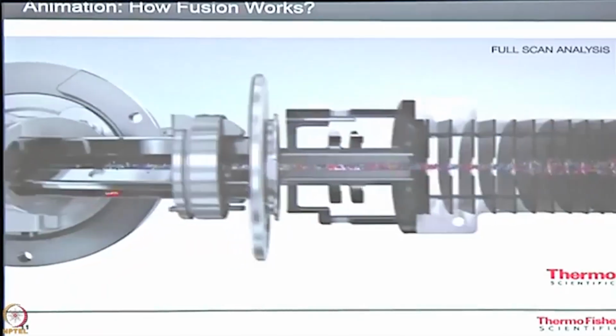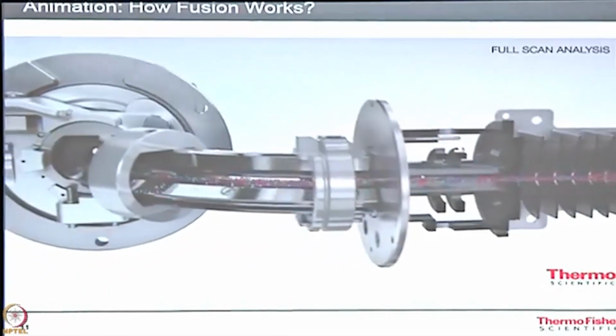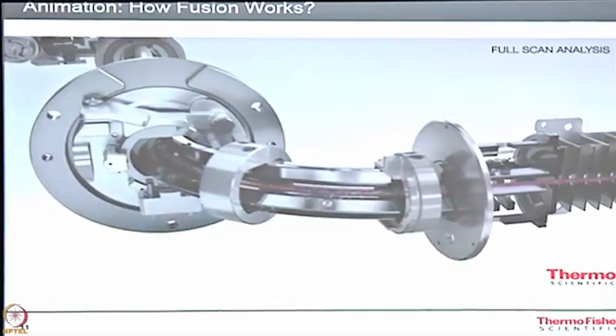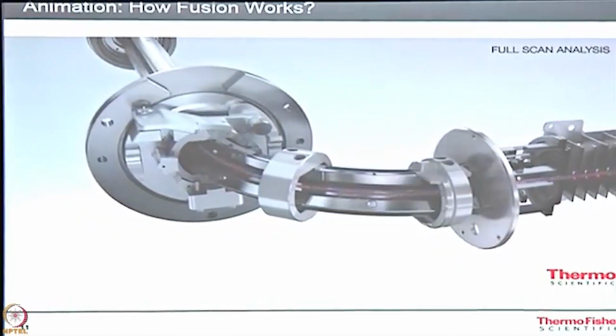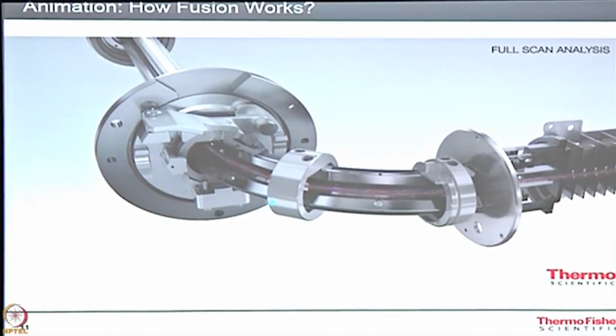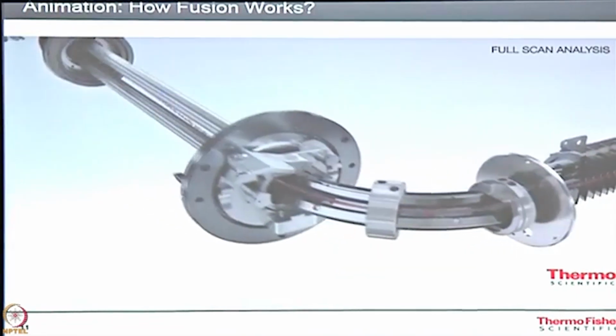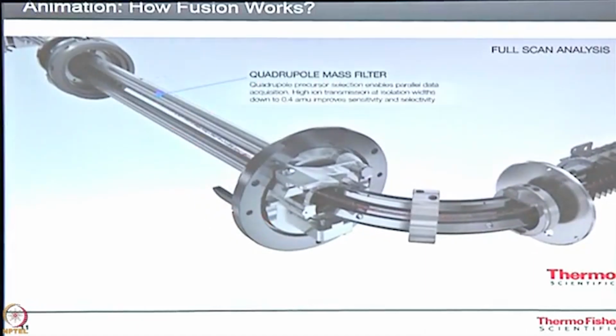Then there is the bent flatapole, where the neutrals are removed, because when the ions are entering the instrument, there are some neutrals also. With the high voltage difference, the charged molecules can bend, but the neutrals cannot. After that, in the quadrupole, you can select the ions which you want.